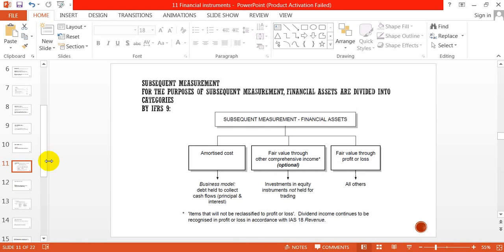Take note, amortized cost is used for debt which is held to collect cash flows of principal and interest.